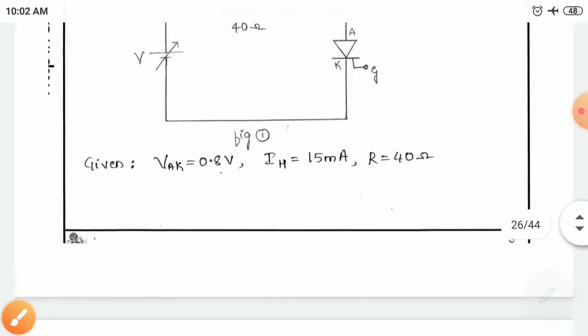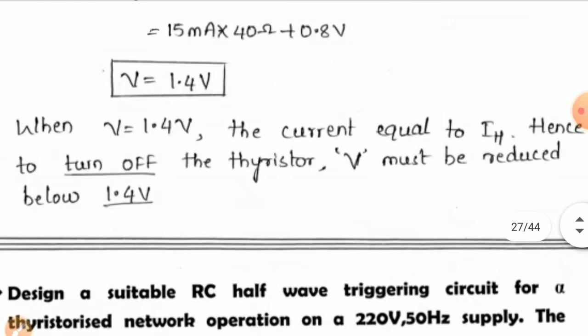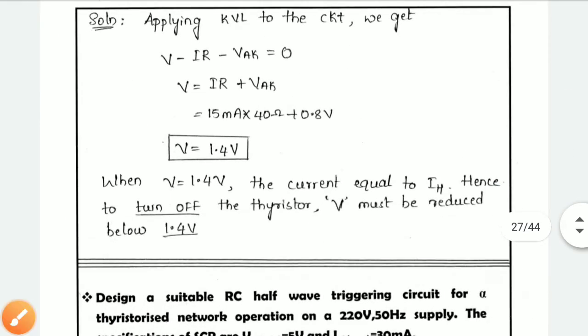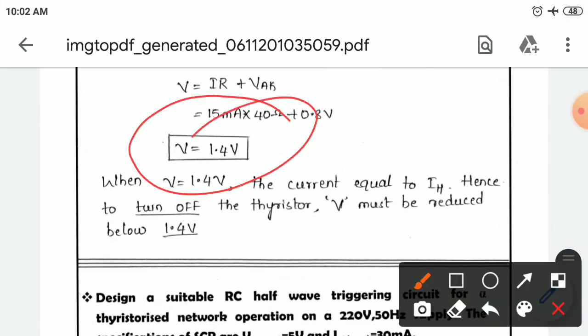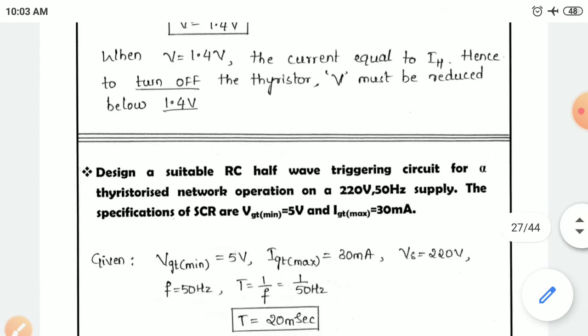From this circuit we have calculated V as 1.4 volts, but now the thyristor is on. So if you want to turn off the thyristor, you have to apply a voltage below this, that means below 1.4 volts. If you apply 1 volt or 0.9 volts, the thyristor will go to the off state. Okay, so that is the thing.